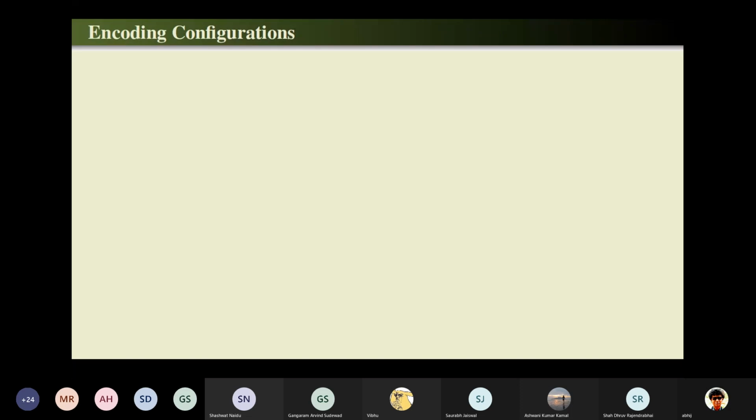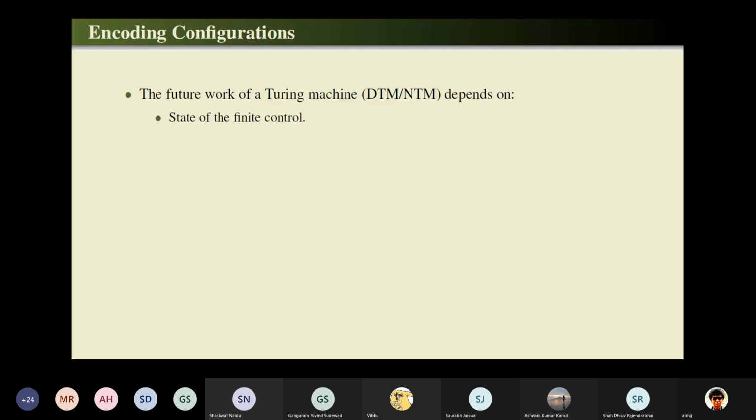Okay. So first of all, I need to encode configurations, and a configuration consists of 3 things. I keep on repeatedly saying this: state of the finite control, content of the tape, and the head position. These 3 things somehow I have to encode in the form of a string.